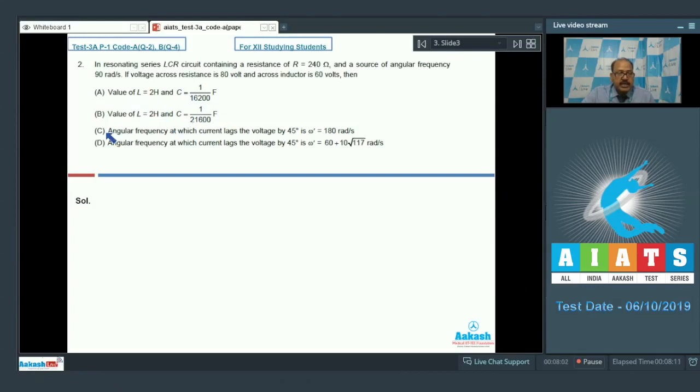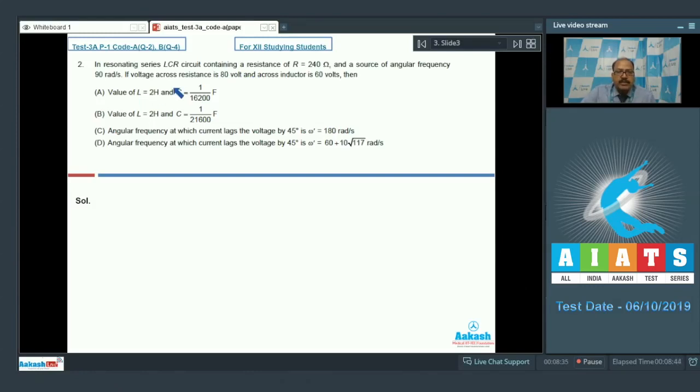And option C says angular frequency at which current lags the voltage by 45 degrees is this much. Option D is also about the angular frequency at which current lags the voltage by 45 degrees. Well, it's a series AC LCR circuit. The concepts of resonance in AC circuits are obviously involved.